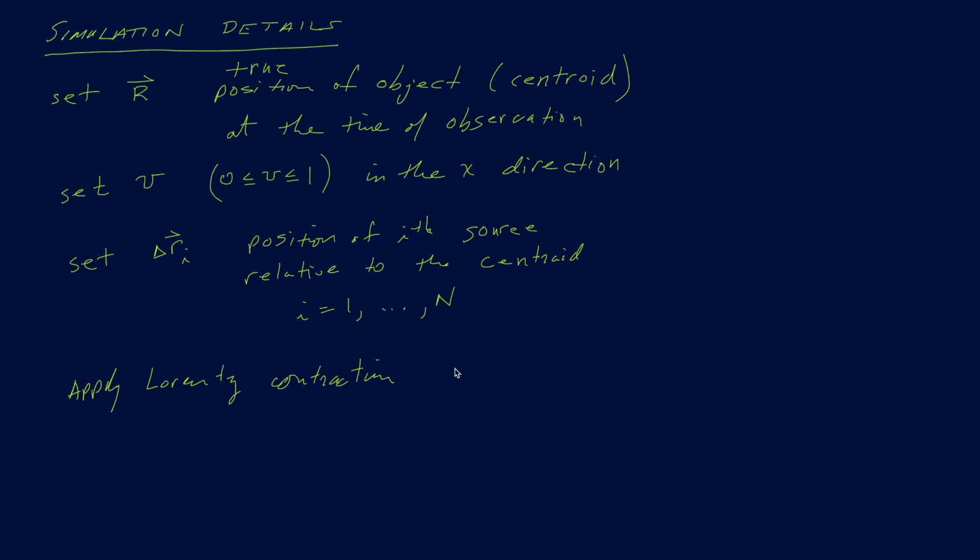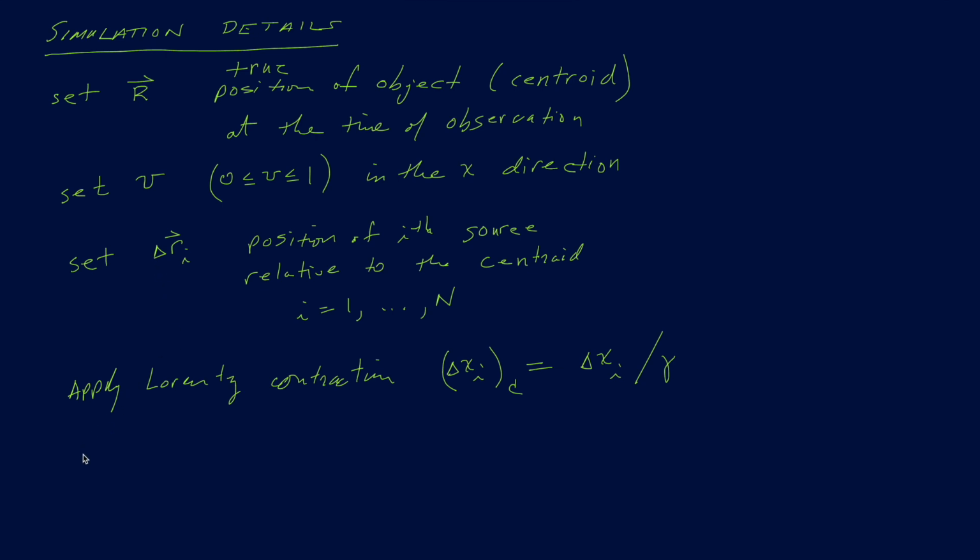So we say delta x sub i with a subscript c for contracted equals delta x sub i divided by gamma, which we defined earlier, the famous gamma factor. Okay? We have now Lorentz contracted our object. We just put these delta x's in place of the x components that we had in here before. Okay?